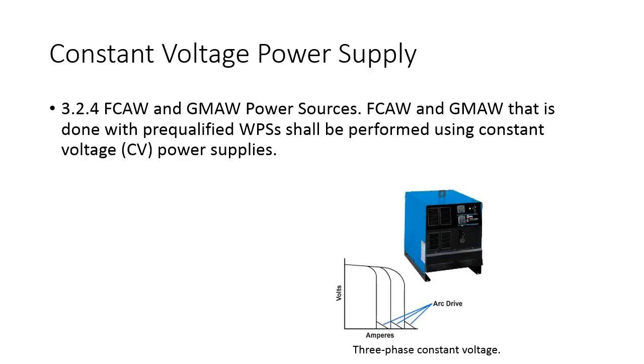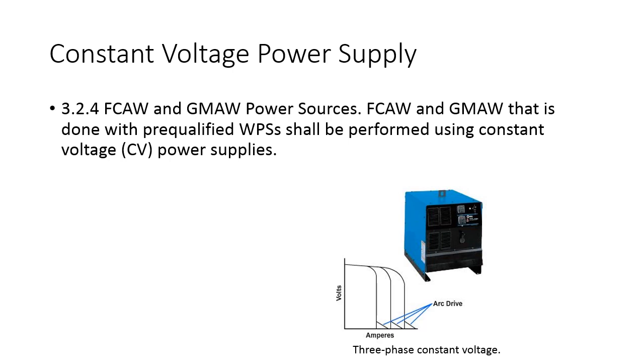Here's another little caveat involved with AWS D1.1 and pre-qualified weld procedures. You need to use a constant voltage power supply. For flux core arc welding and gas metal arc welding power sources, you have to have a constant voltage power supply.